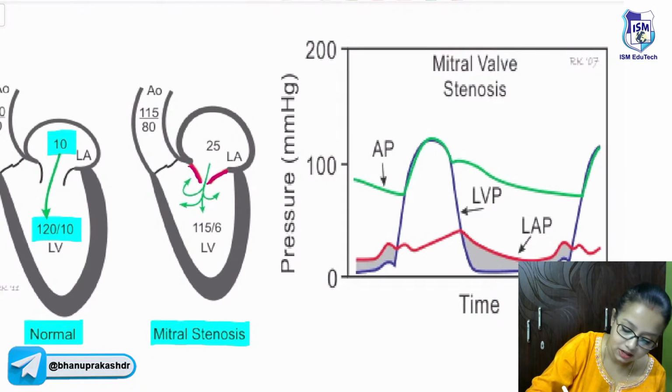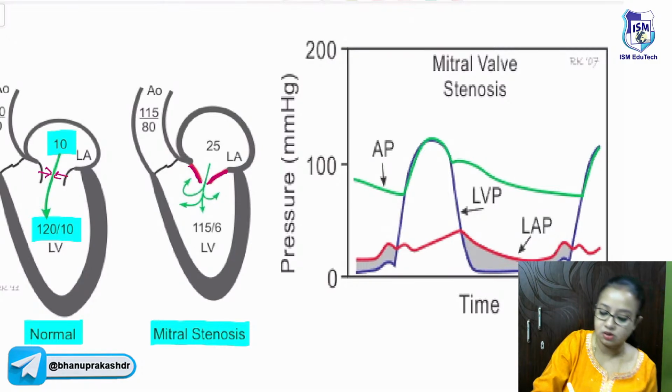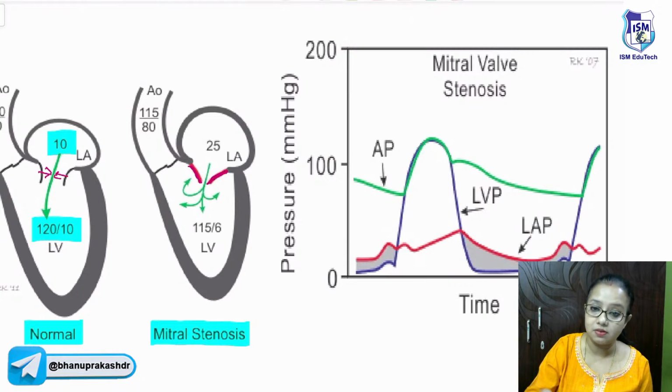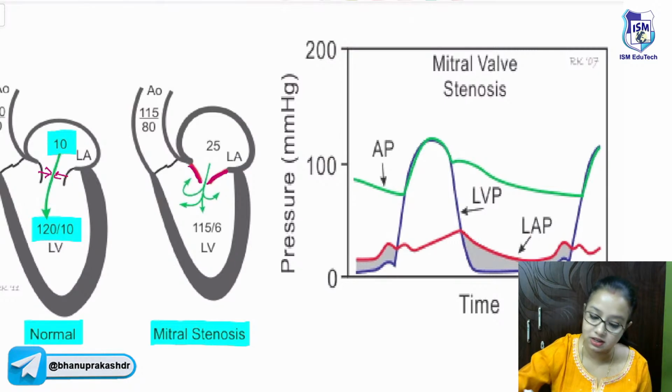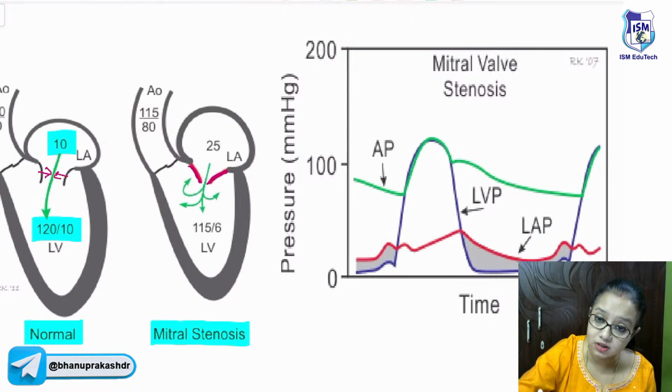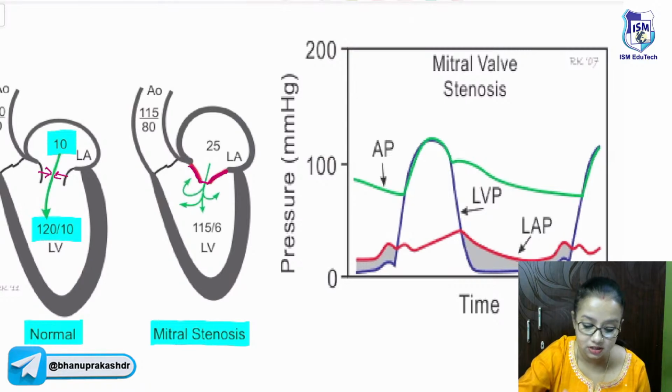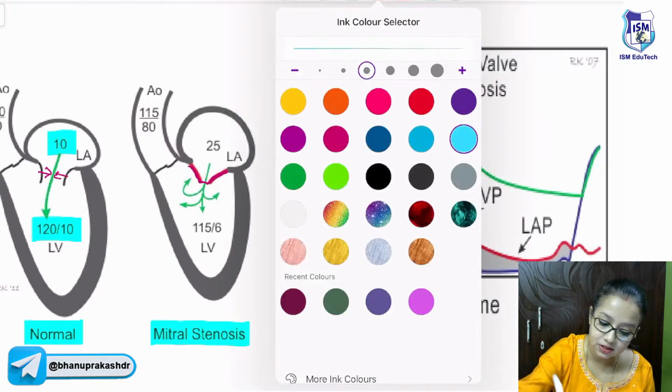If you compare the radius of the valve, the gap between the two flaps is much wider during the filling phase in the normal condition. Here in the mitral stenotic valve, because of the anatomical abnormality, the gap has reduced and is much lesser than in the normal condition. So it affects the filling phase a lot.